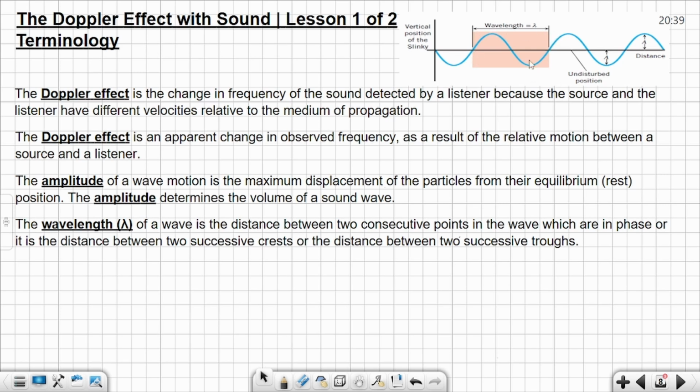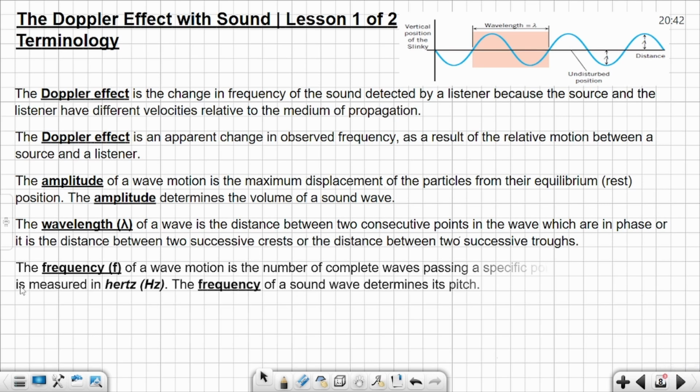Or you can say from your trough to the next one, the lower turning point to the next one, that distance is known as the wavelength. Or you can take the top part, your crest, from that turning point to the next one, the distance is also the wavelength.